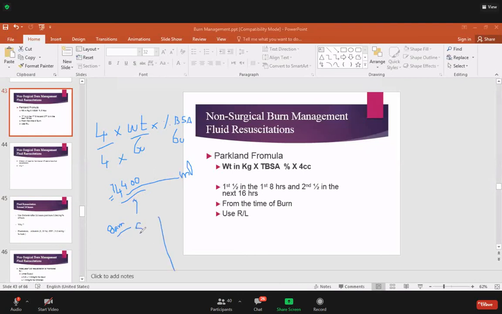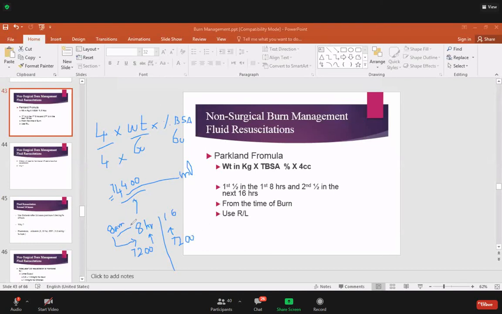We divide it into an 8 hour and a 16 hour period. The initial half of the fluid, around 7,200 ml, around 7 liters, I will give in the first 8 hours. The next half, the 7,200 ml, I will give in the next 16 hours.